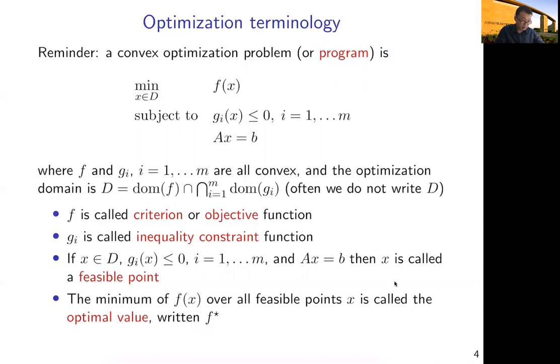Any convex optimization problem can be rewritten in this form. In particular, if f and g_i are both convex functions, then this also certifies that this optimization problem is a convex optimization problem.